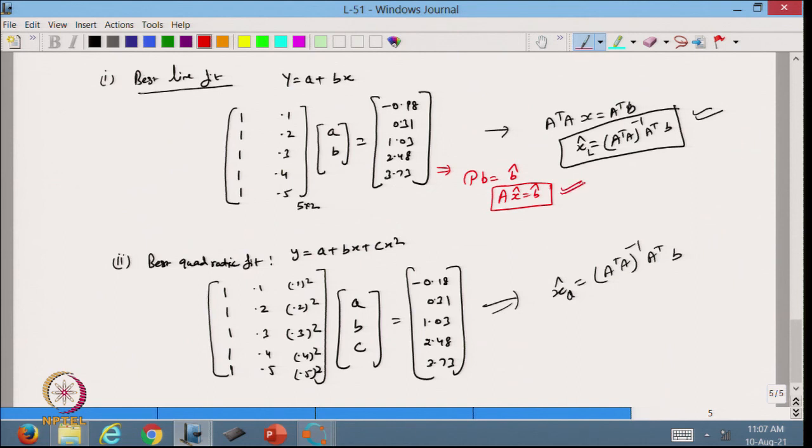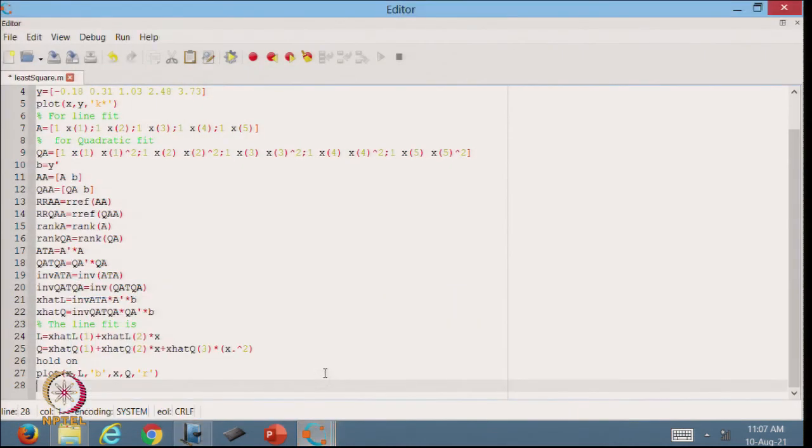So by this way also we can solve the given system, and after that, maybe I can write the projection matrix. Let us define that also.